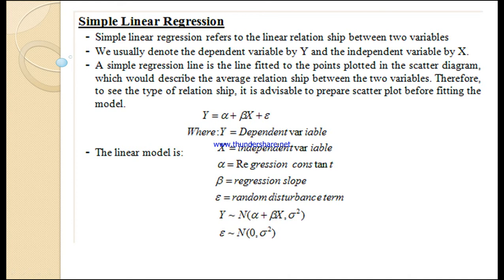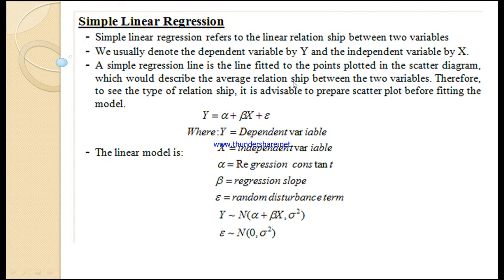Let us move forward to simple linear regression. Simple linear regression is a statistical tool that helps us to measure the linear relationship between 2 variables. We usually denote the dependent variable by y and the independent variable by x.